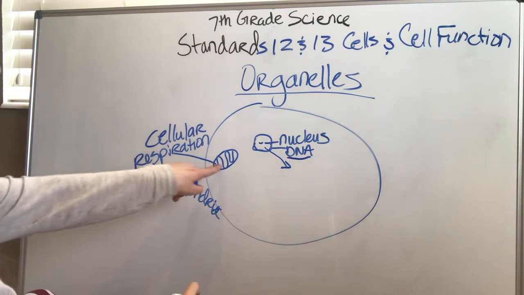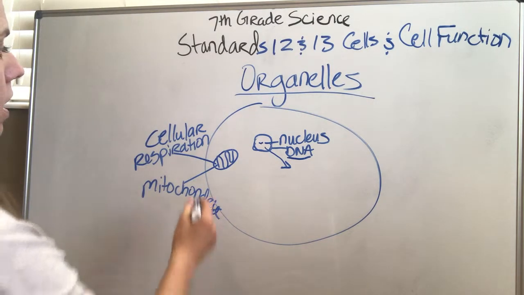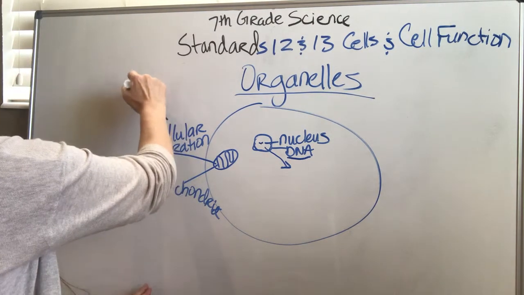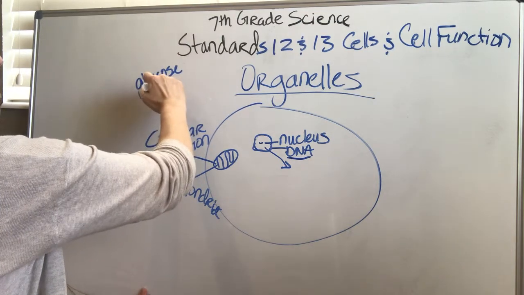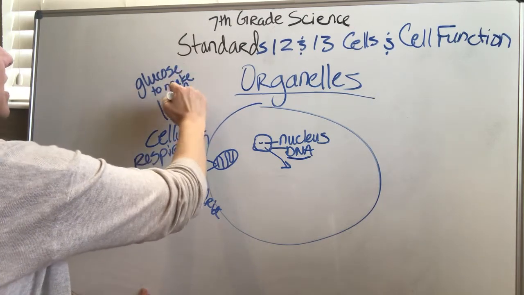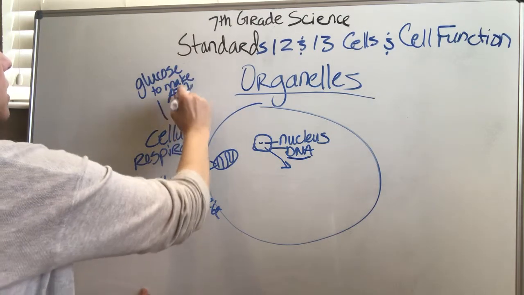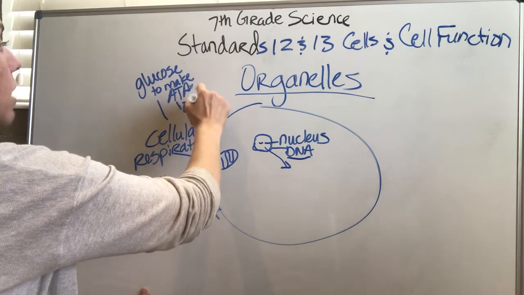So that's the name of what that is, and this is the function. Cellular respiration, that is the breakdown of glucose to make ATP. Now ATP, that's the energy that the cell uses to do everything that it does.